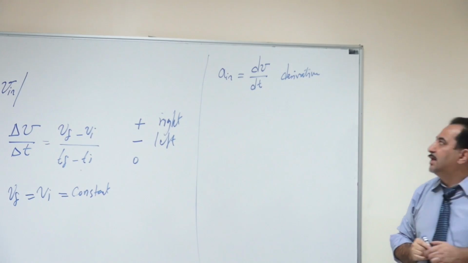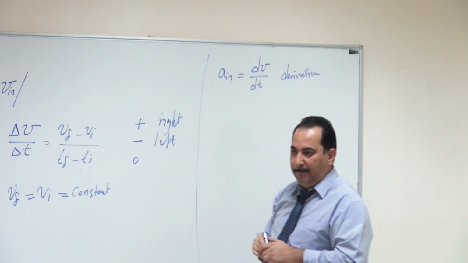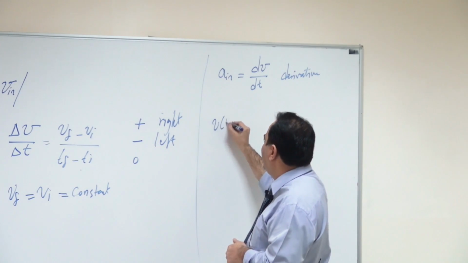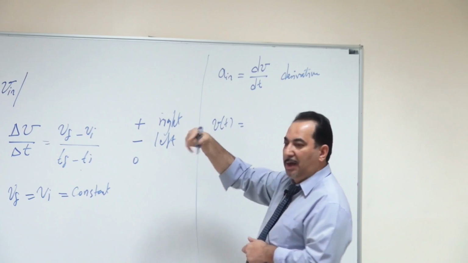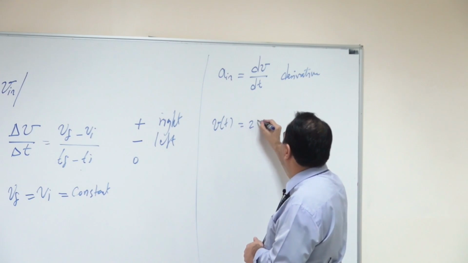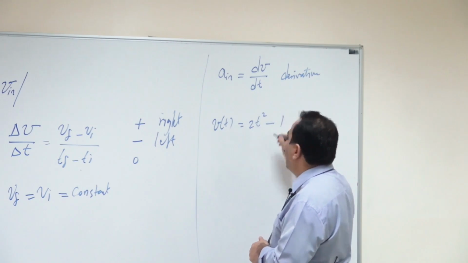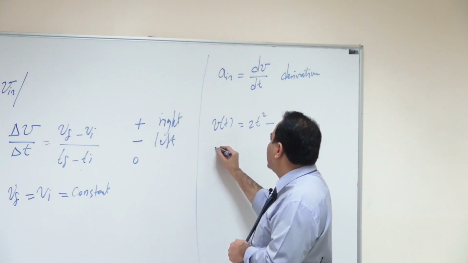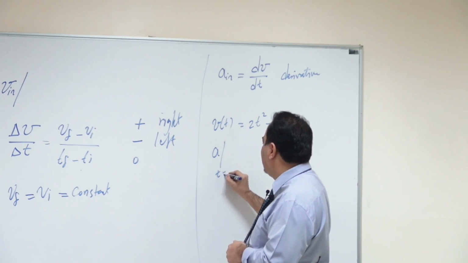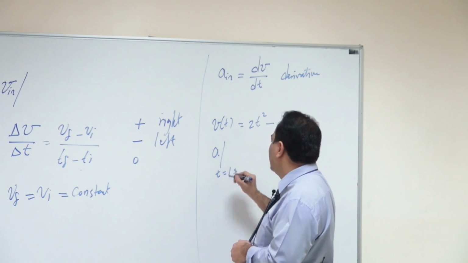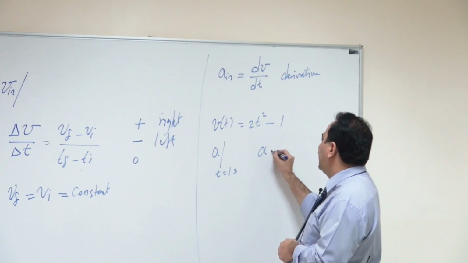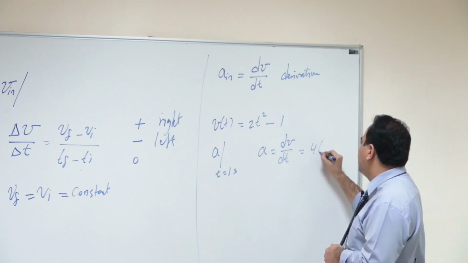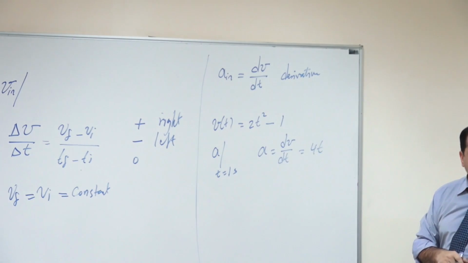Instantaneous acceleration is the derivative of velocity with time, which means if you have a velocity time function, like maybe 2t squared minus 1, and you want to find the acceleration at t equal maybe 1 second, the acceleration is the derivative, and this is 4t.